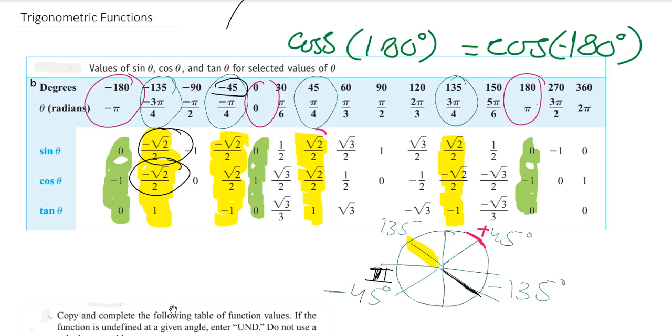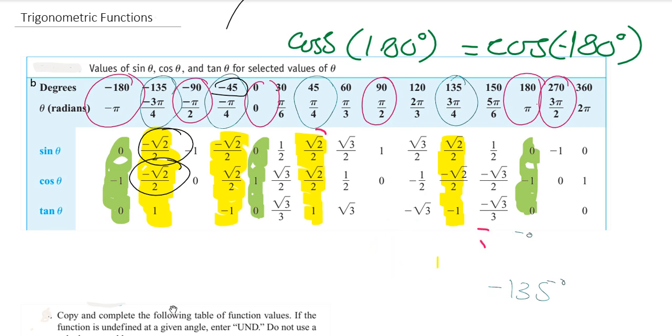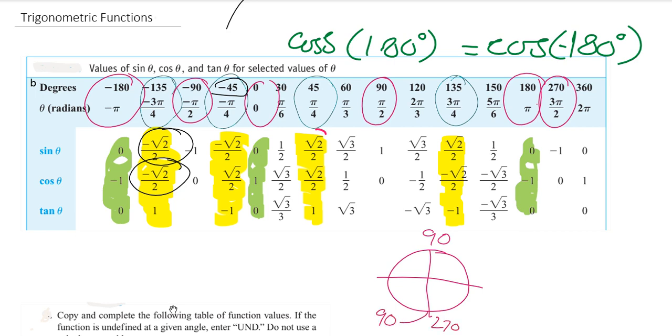Okay, now we can relate the negative 90 with positive 90 and the positive 270. And you can see it again relates with the quadrants. Like it's the positive 90, it's the positive 270, and over here there will lie the negative 90.